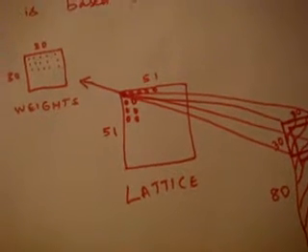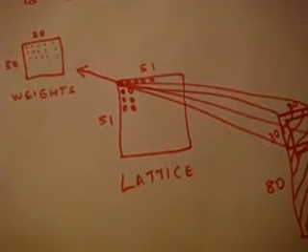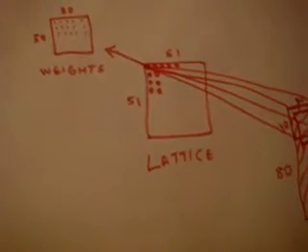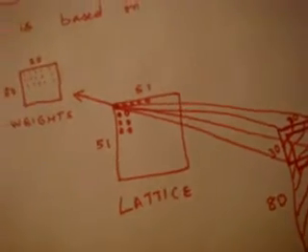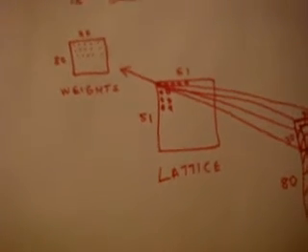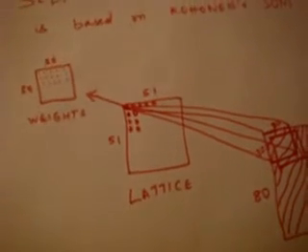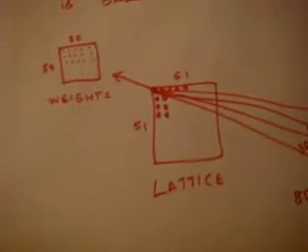And to this lattice, we will only give a feature map which is 30 by 30, and all the points in this lattice will compete with each other to be as close as possible.